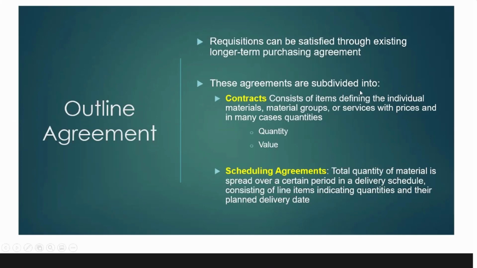The contract consists of items defining the individual materials, material group or service, and the price, and in many cases the quantities. So what does it mean? In the contract we can specify the quantity and the value.